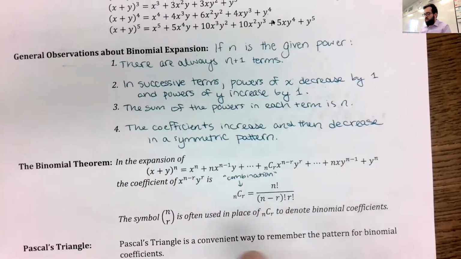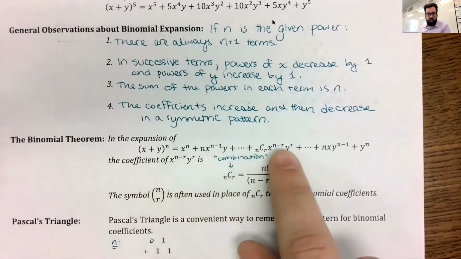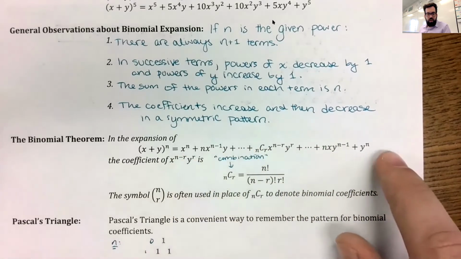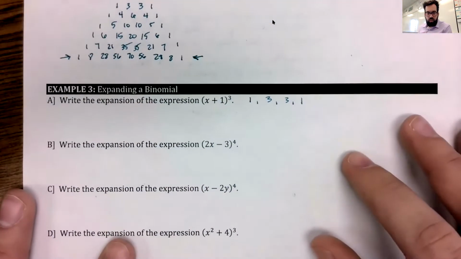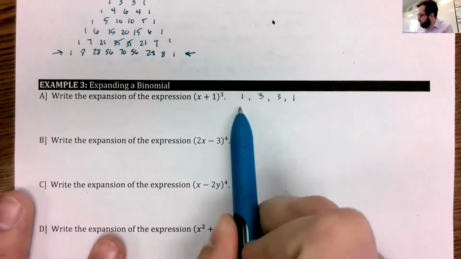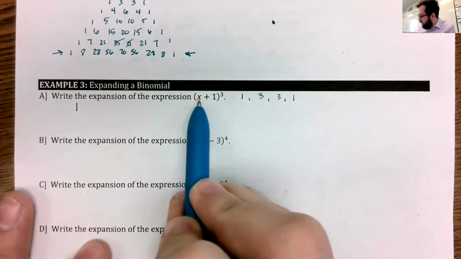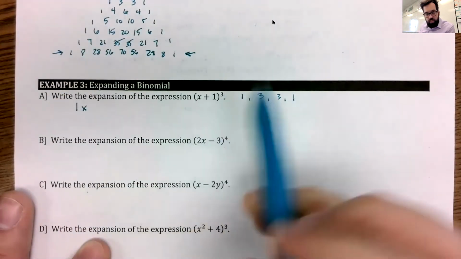So what we're going to be doing is kind of this fancy looking row of the definition back on the first page, but that looks more complicated than it really is. So here's what we really do. We grab the first coefficient, we take the first term in the binomial and raise it to the power of n.